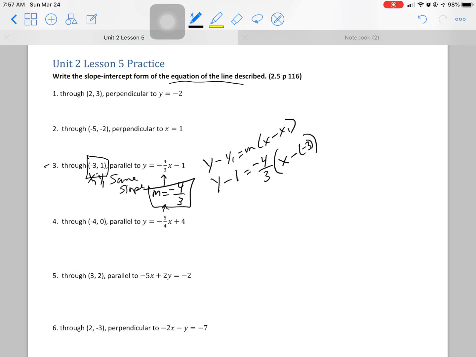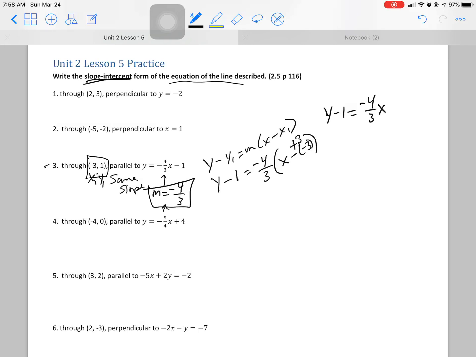Okay? Then it says I want it in slope-intercept form, so we need to distribute or clear the fractions if you're a clear the fraction person. All right, so I'm sorry, I'm running out of room. I'm going to write up here. Y minus y1. I'm not going to change that, but I need to distribute.